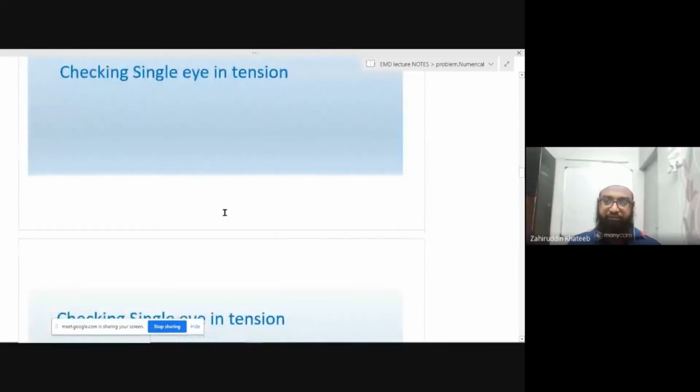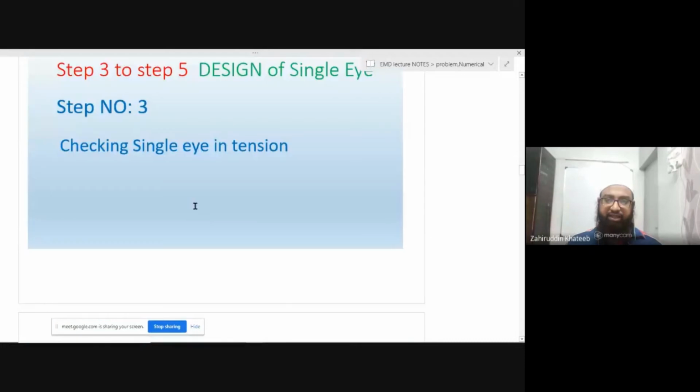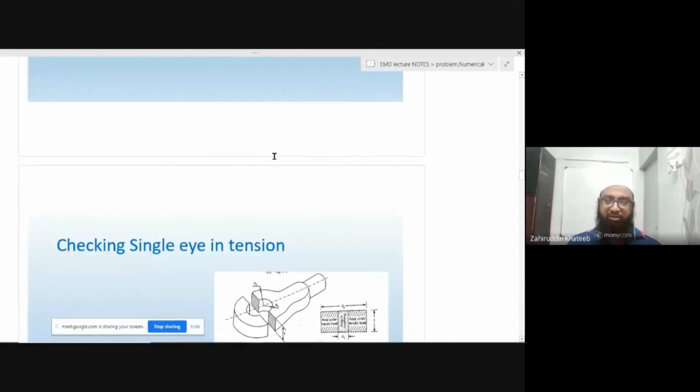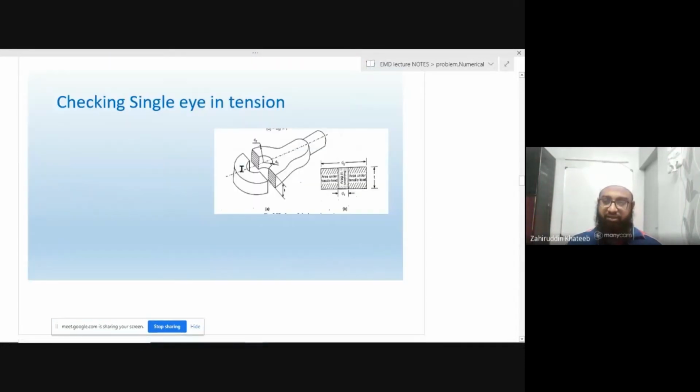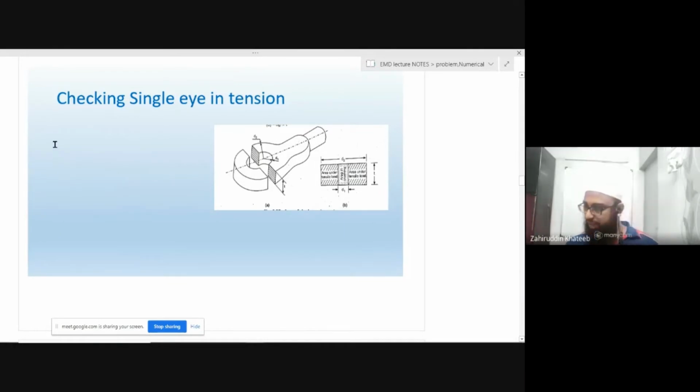Step number three is checking the single eye in tension. Here we have the formula: sigma t is equal to W upon (d2 minus d1) into t.